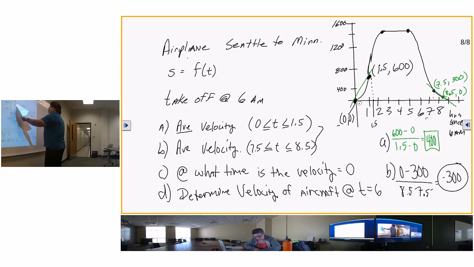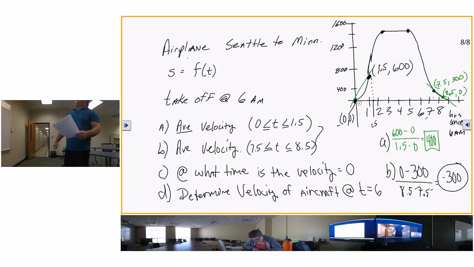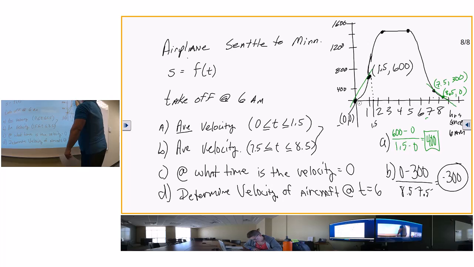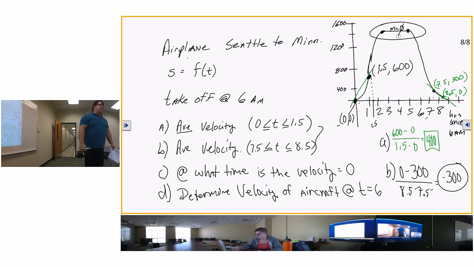This slope is positive. This slope is negative. And of course, the last two questions basically revolve around this right here. Because what's the slope here? The slope is 0, so your acceleration is going to be 0.